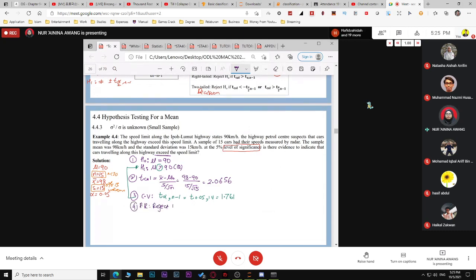Reject H null if T calculated is more than, since case kita is more than. And then we will compare these two values. So decision kita kata since T calculated is equal to 2.0656. So more than or less than your critical value.